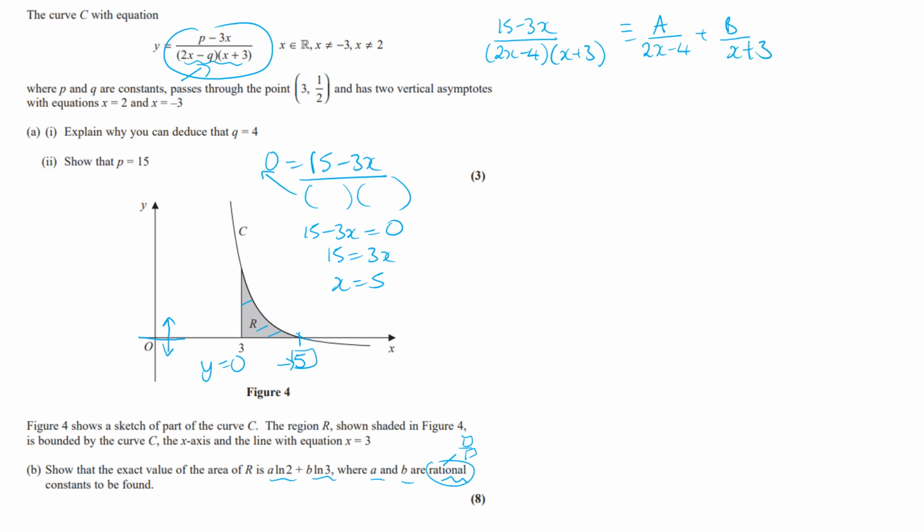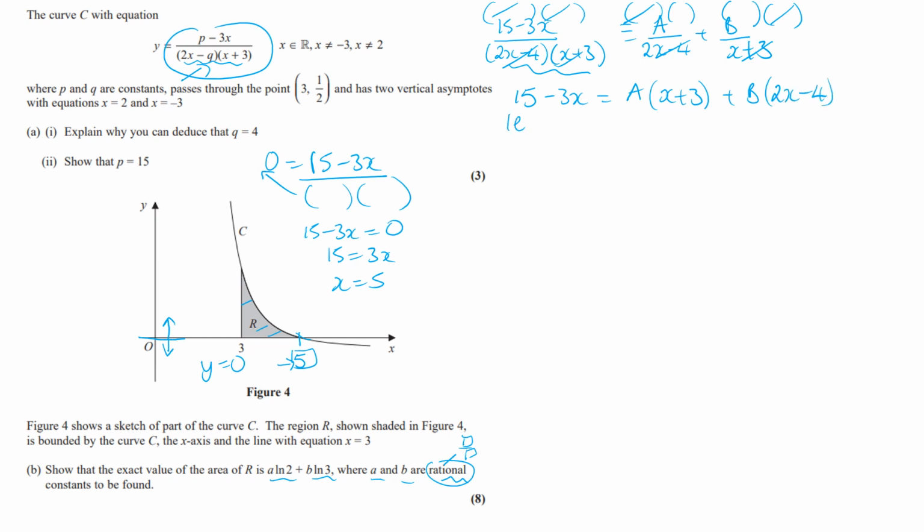We're going to clear fractions and multiply by that common denominator. You can see it's going to cancel with everything on the left: the 2x minus 4 will cancel and the x plus 3 will cancel. So going clear of fractions, we get 15 minus 3x is equal to A times the denominator it's not got, plus B times the other one.